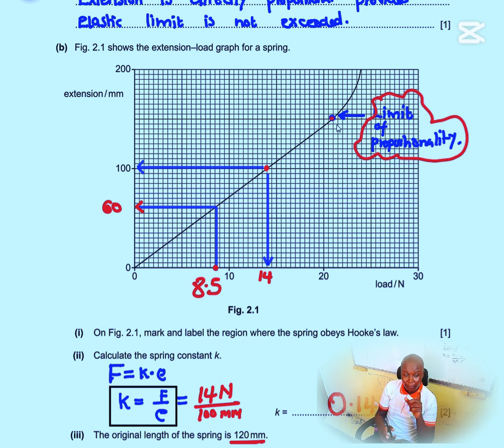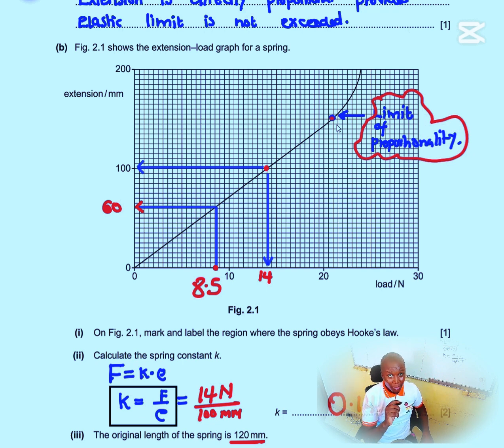From the graph, the limit of proportionality is the point where the straight line or the graph stops being straight. That point where I've indicated. And then you need to know how to state it.